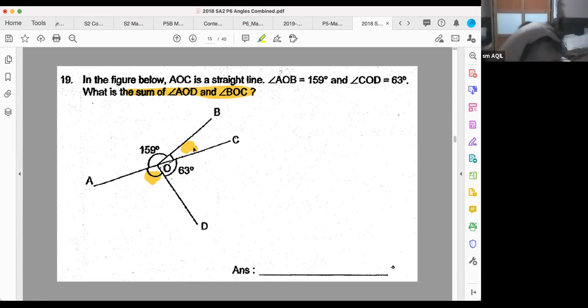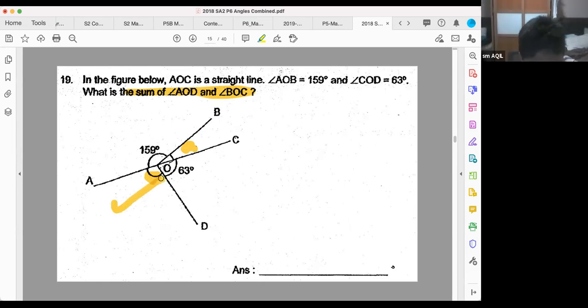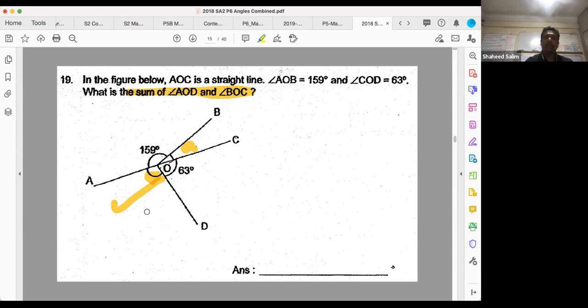Oh. Yeah. 180 minus 100 is the BOC. 180 minus 63. Okay, and then you get the answer for this one, right? And then the next one, 180 minus 63. No, already minus. So close to 117. Okay, 117 is here.